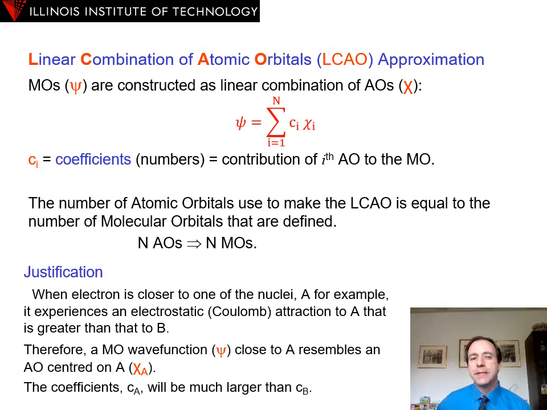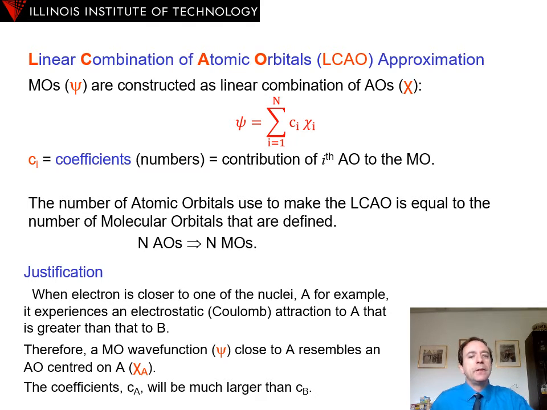So we'll have some kind of contribution from a number of orbitals. Depending on what the symmetry of the molecule is and what atoms are bonding in the molecule, we'll see that the contributions to the molecular orbital by the atomic orbitals will vary.